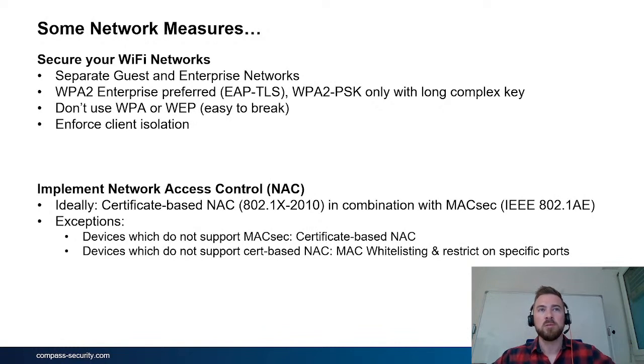And for exceptions, devices which do not support MACsec should, if possible, use certificate-based NAC. And if this is also not possible, then you should consider using MAC whitelisting and restricting certain MAC addresses on certain ports.